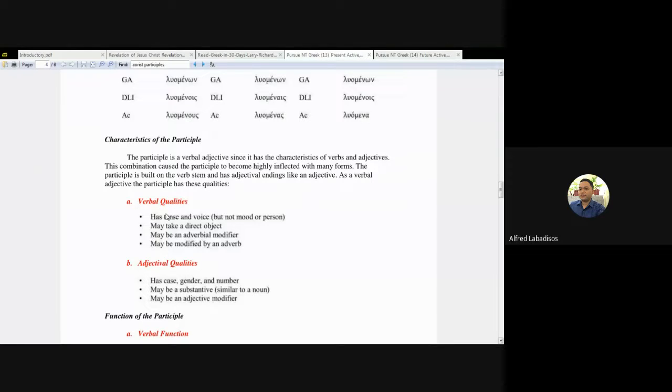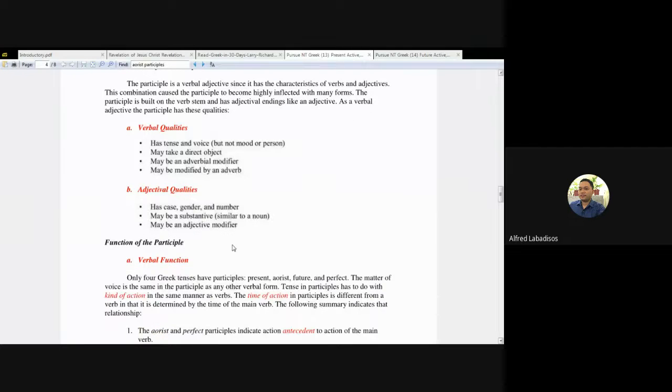The verbal qualities: it has tense and voice, but it doesn't have mood or person. It may take a direct object, may be an adverbial modifier, may be modified by an adverb. While for the adjectival qualities, it has case, gender, and number, may be a substantive, or may have an adjective modifier.